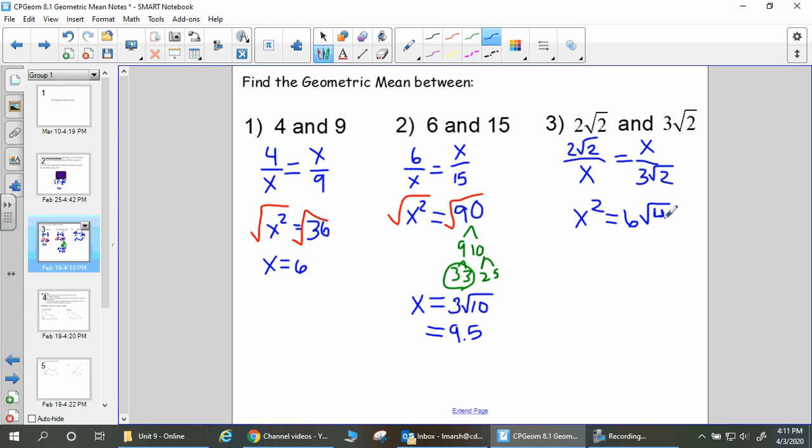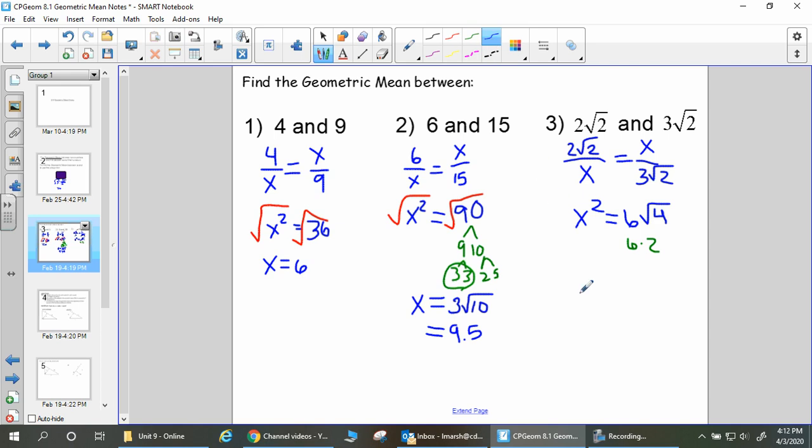At this point, I would normally square root both sides, but I don't want to put one square root over top of another. So I need to simplify this right-hand side first. Look at what you have. You have a square root of 4. We know that the square root of 4 is 2. So this side here right now is actually saying 6 times 2 because the square root of 4 is 2.